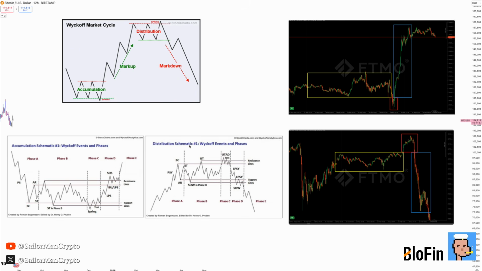Just a caveat for Wyckoff, of course, there is also the reaccumulation and redistribution. You will not see it here, but we have a range of accumulation, we start the uptrend, and somewhere in the middle we do have a reaccumulation. So again, we range to continue the uptrend.